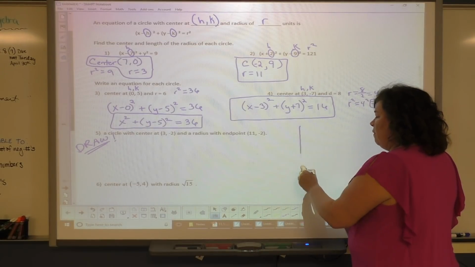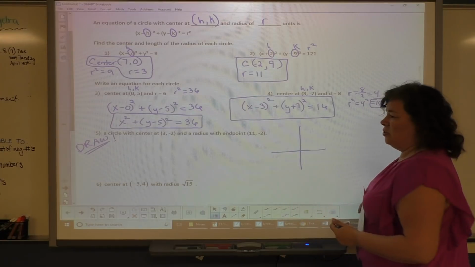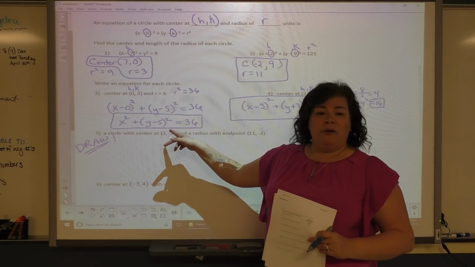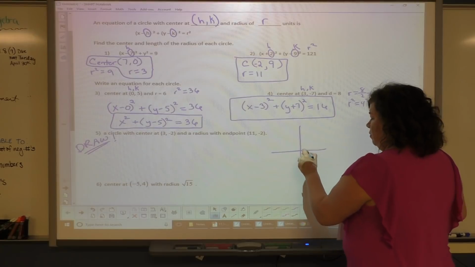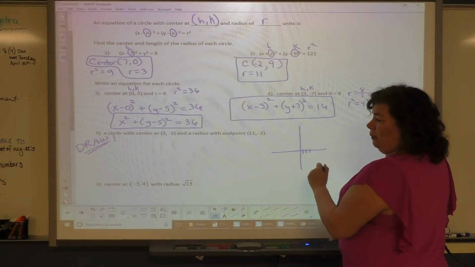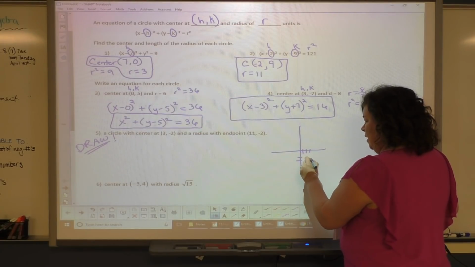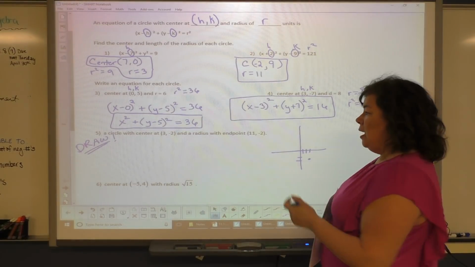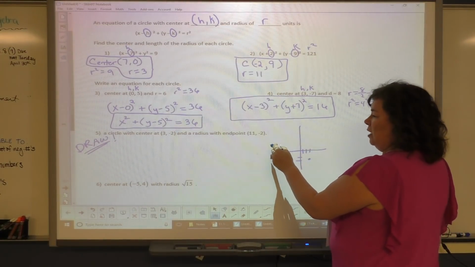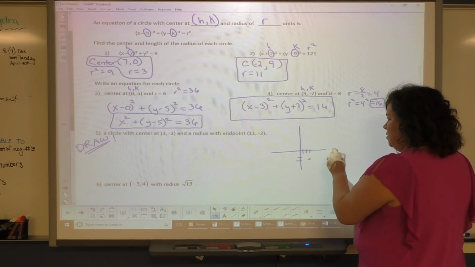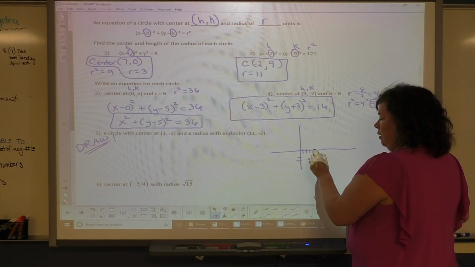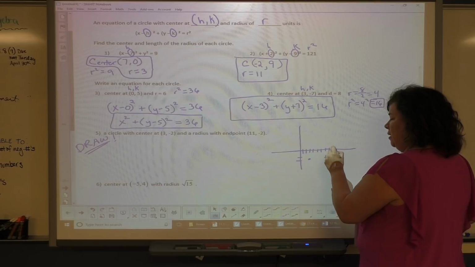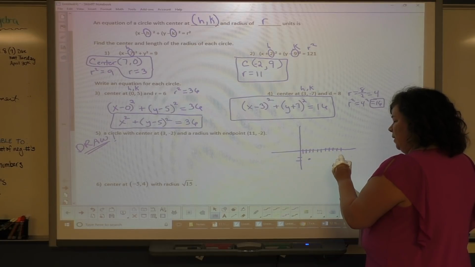So let's go ahead and draw this circle with a center of 3, -2. So here's 3, and there's -2. So I'm going to put a point there, and that's supposed to be the center. And then the radius has an endpoint of 11, -2. So if I were to keep extending this, 3, 4, 5, 6, 7, 8, 9, 10, 11, -2.